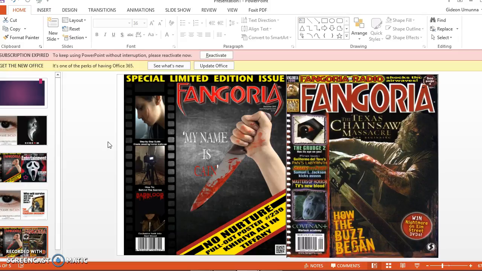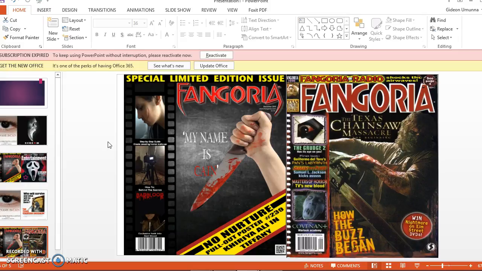Again, we've done some cross promotion on the sides, like the Fangoria magazine did. I feel that this is very similar to the Texas Chainsaw Massacre Fangoria edition, because I feel that we've done a good job. It looks authentic, it looks real.